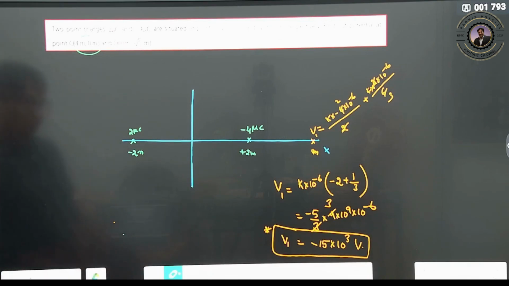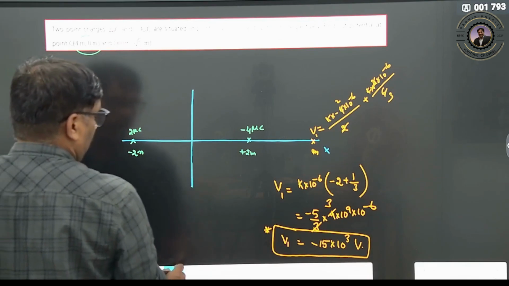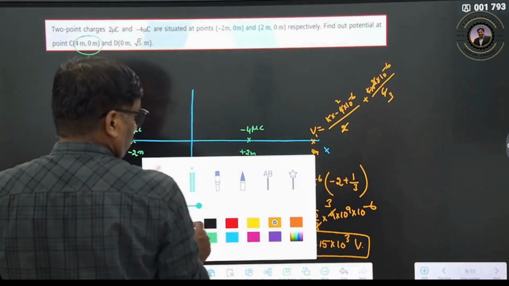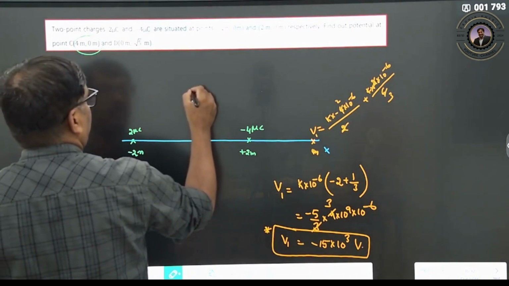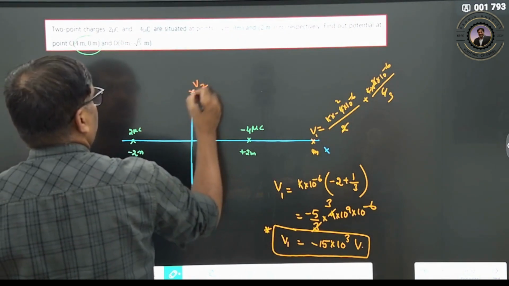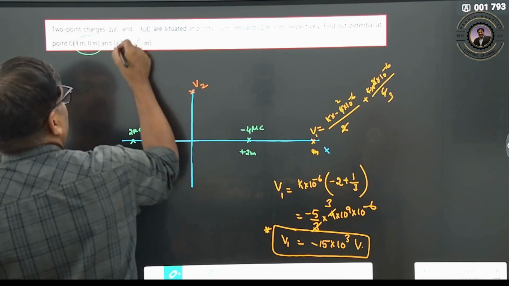Similarly, we can calculate the potential at root 5, which is V2. This is the y axis point 0 comma root 5.